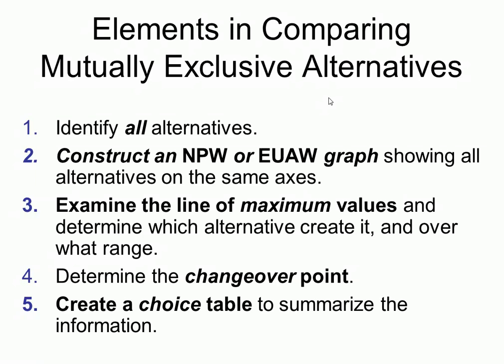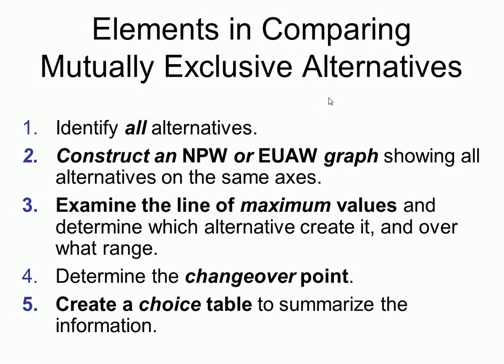So you want to determine the changeover point, which could be either a point of intersection of two lines or two curves, one of which is the line of maximum values, or the option where we have an intersection of a line with the zero level.